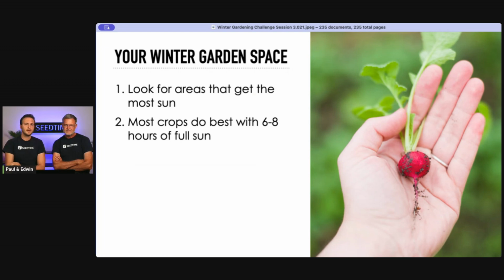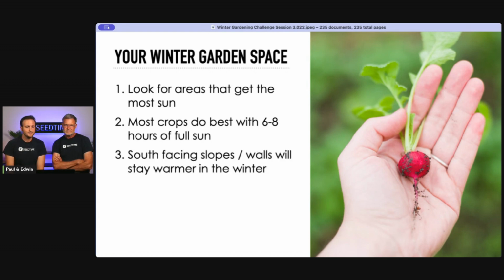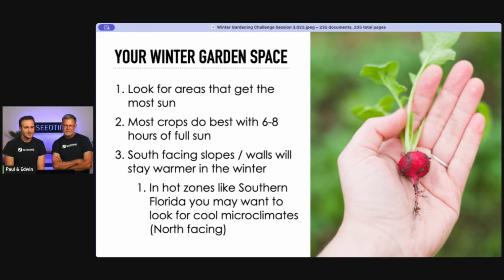You want to look at those south-facing parts of your house, slopes, unless you're in the southern hemisphere, then it's going to be opposite. But also, most crops do best with 6 to 8 hours of full sun. South-facing slopes and walls will stay warmer in the winter. They catch more of that sunlight. And in hot zones like southern Florida, you may want to actually look for the cooler climate.